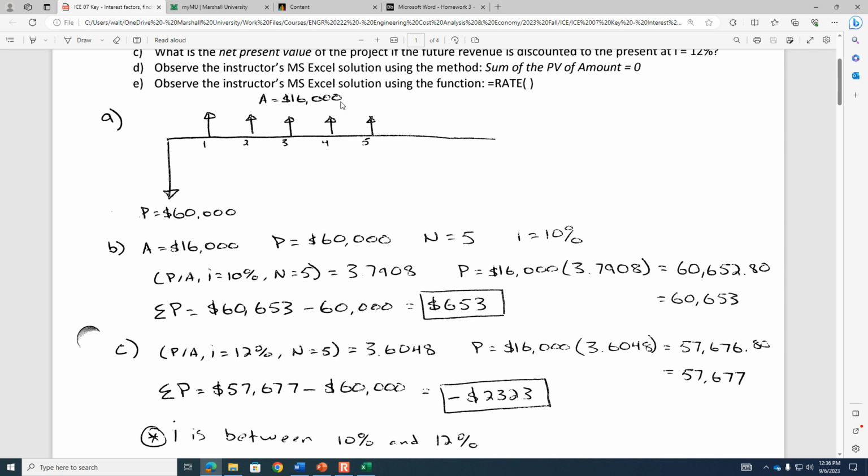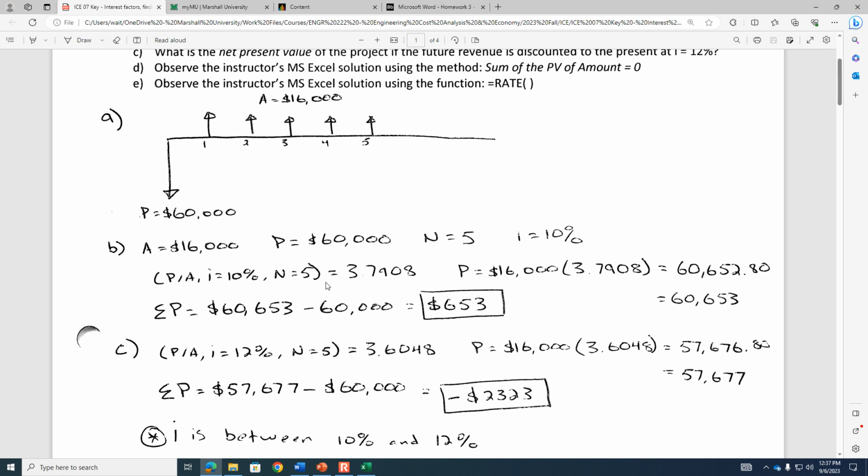A equals 16,000, P equals 60,000. I didn't write the interest rate on the cash flow diagram because we have a different interest rate for part B compared to part C.